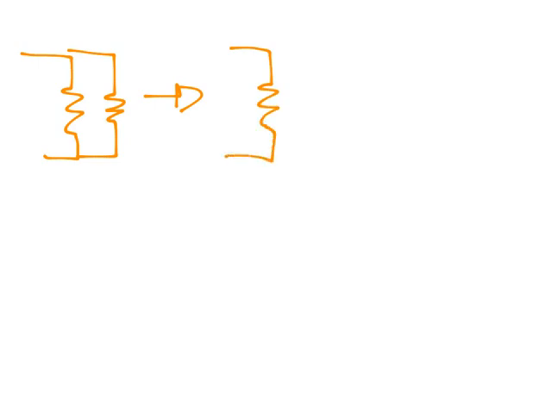Now using the other method, if we have two resistors in parallel, we can equivalate them to one resistor. But because they're in parallel, you have to say that 1 over R1 plus 1 over R2 is equal to 1 over R, where R is the equivalence of both resistors.